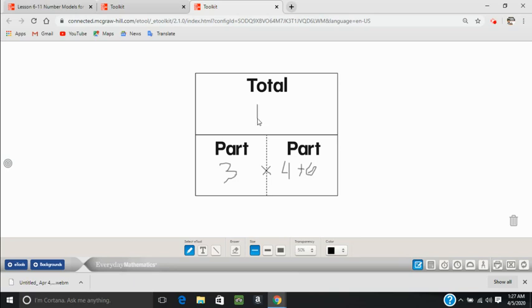And we want to know how much total fruit we have altogether. Well, I know 4 plus 6 is 10, so I'm going to write that underneath.